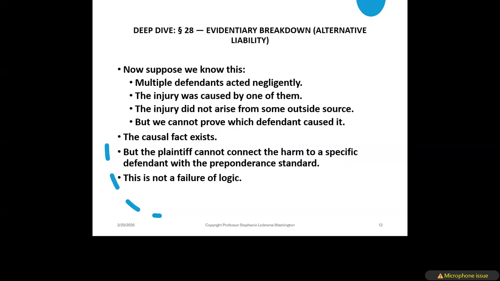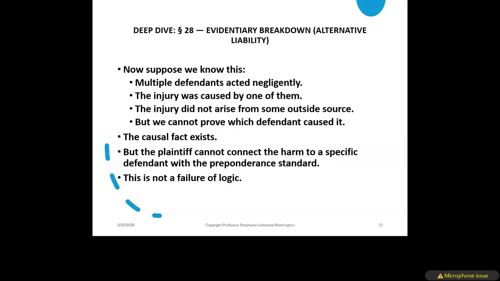The injury to the plaintiff was caused by one of the negligent defendants. The injury did not arise from any outside source. One of the negligent defendants caused the injury, but we cannot prove which defendant it was. See, we have a proof problem. We have an evidentiary problem.